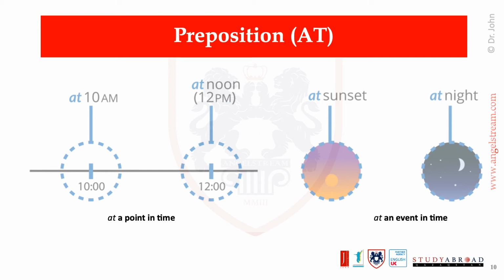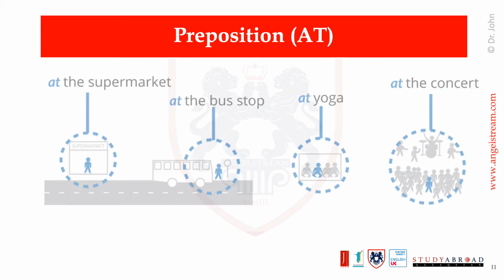So it's like an event, and this is the reason why we say at the party, because this is an event, and at is again used when you're referring to something at a specific point. So we're not talking about boundaries like we were talking about with the preposition in. We're talking about a specific point.